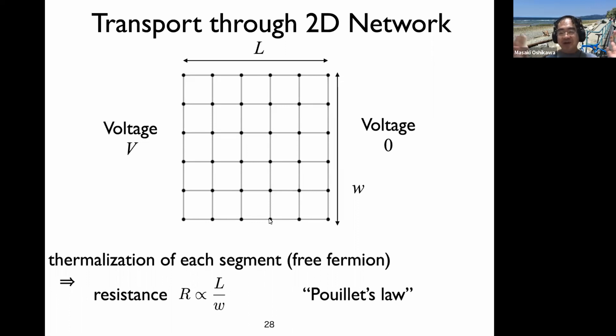I'm now trying to understand how this crossover from quantum mechanical transport to classical transport occurs by finite decoherence. But for today, I want to discuss the strong decoherence limit, in which the electron completely loses coherence within each segment.